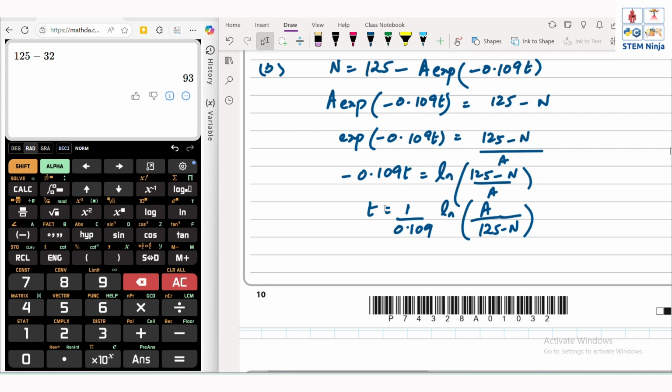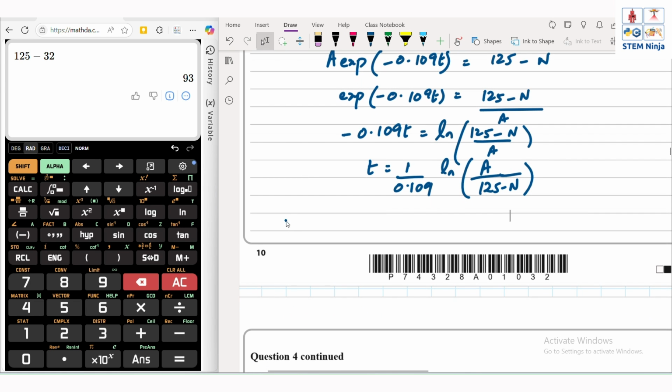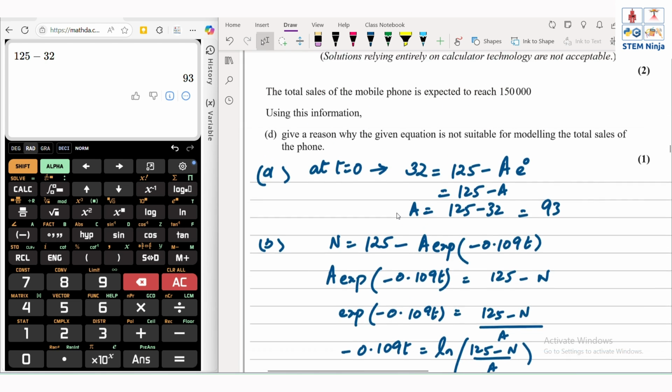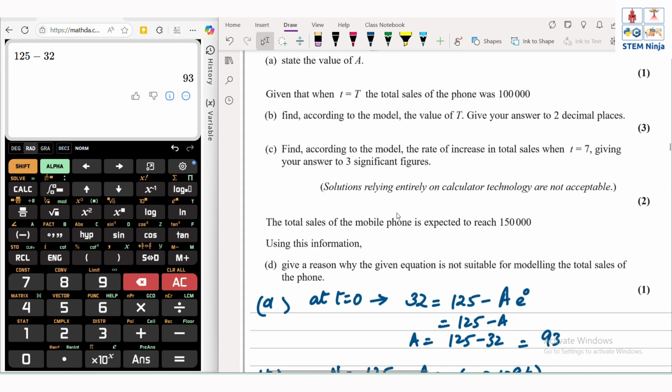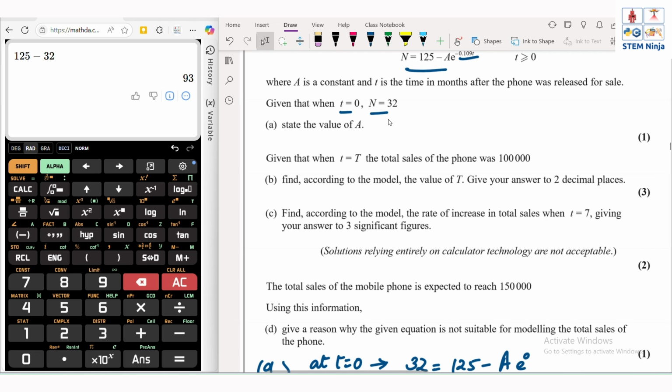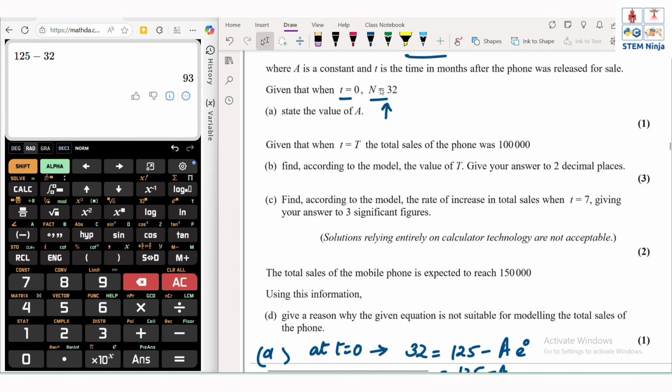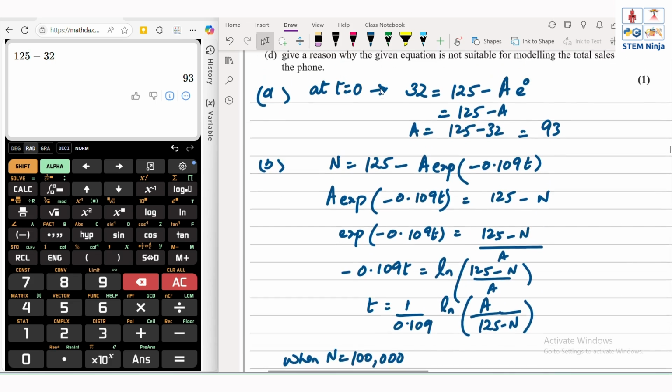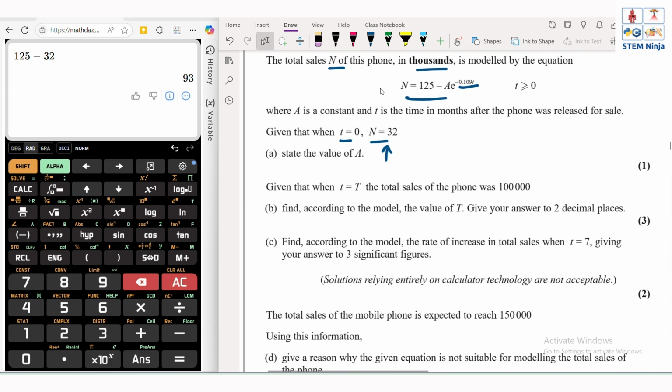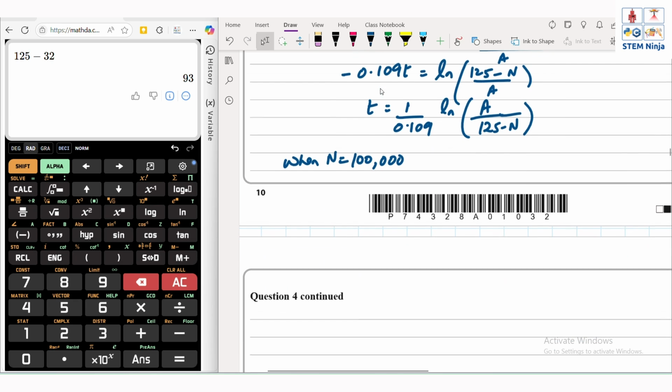When N is 100,000, the total sale was 100,000, but N is represented in thousands. So this is going to be just 100.